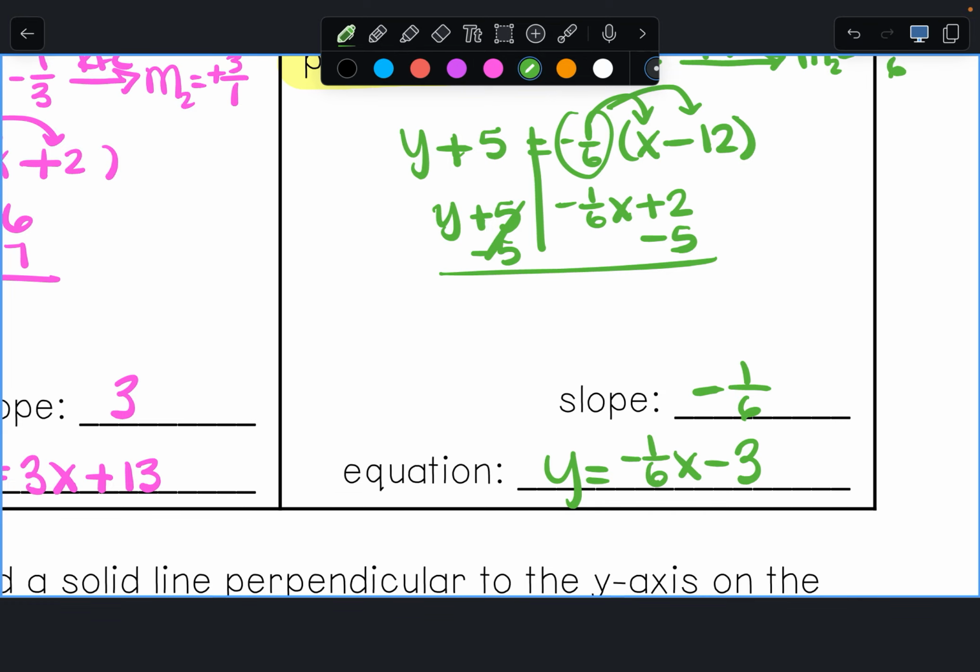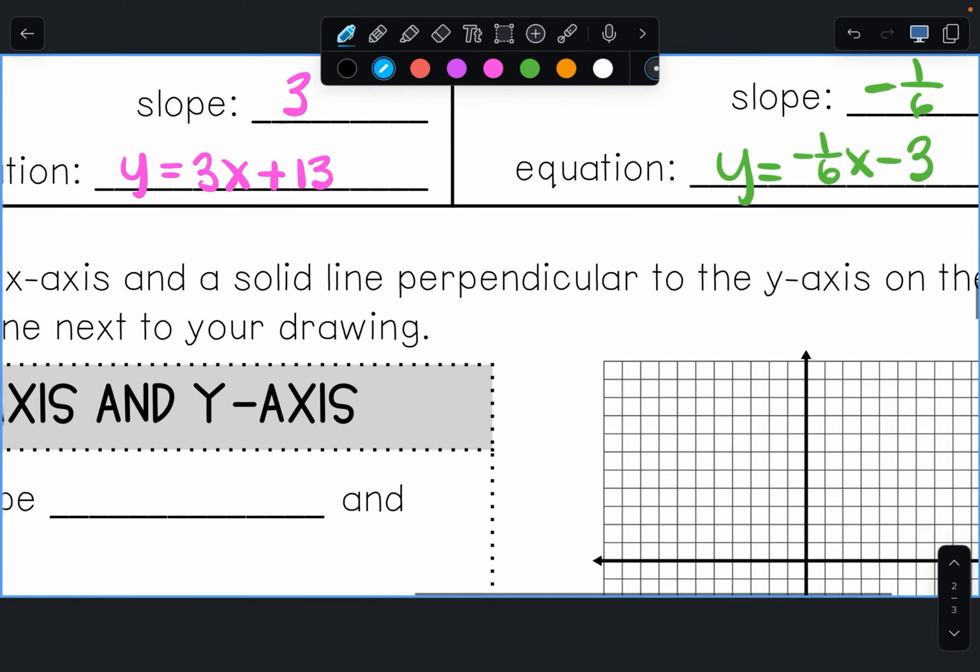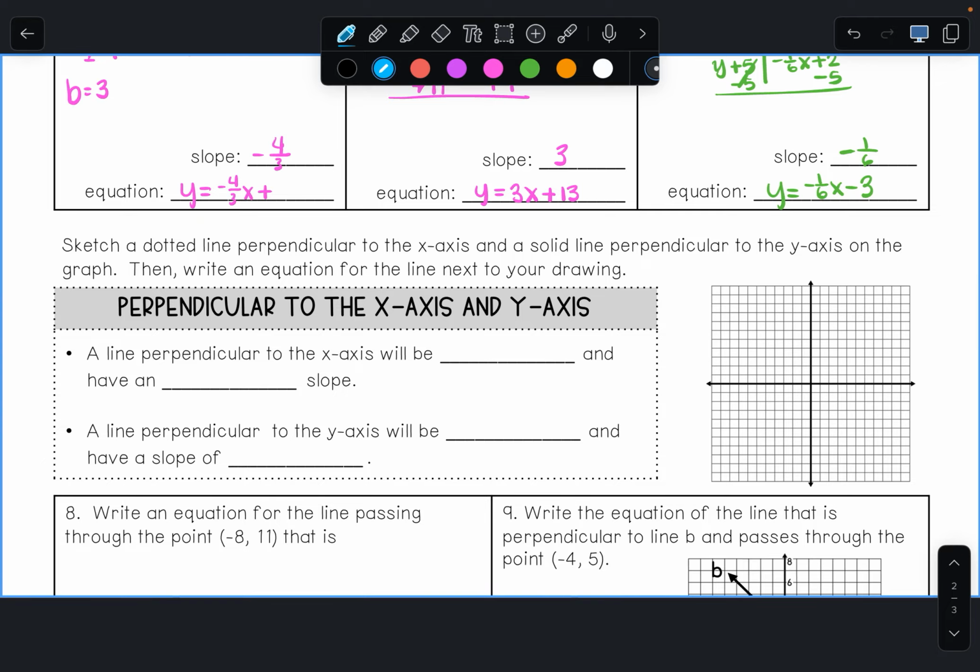All right. For the confusing part, remember, when you get questions that are talking about being parallel or perpendicular to the x or the y axis, it's very, very important that you draw yourself a little sketch, because it's very easy to make mistakes on these problems. Okay? So first thing they want us to do here is graph a line that is perpendicular to the x-axis.